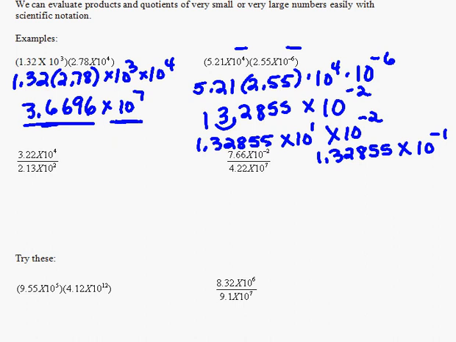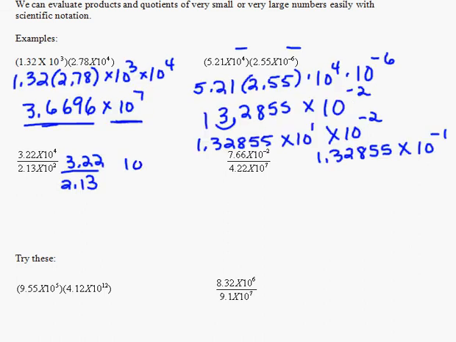Okay, now let's move down to the division. I've got 3.22 times 10 to the fourth over 2.13 times 10 squared. Again, I can do that not exactly in that order if I want to. I can take 3.22 and divide by 2.13. Now keep in mind, I can't just willy-nilly change the order any way I want to in division. But I can turn this into two separate pieces, and that's 10 to the fourth over 10 squared.